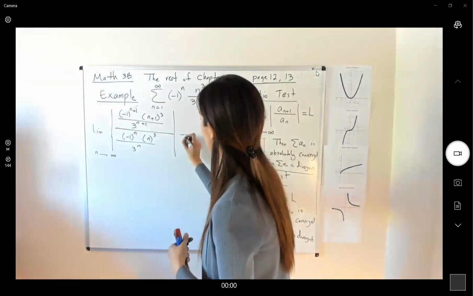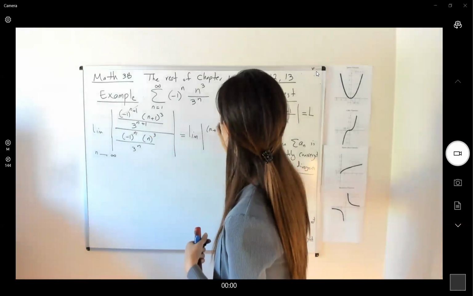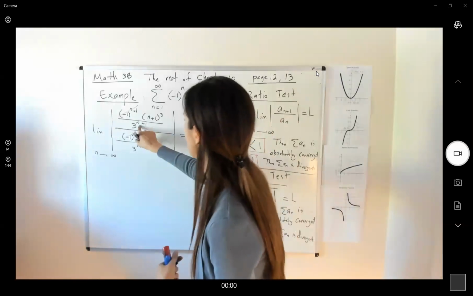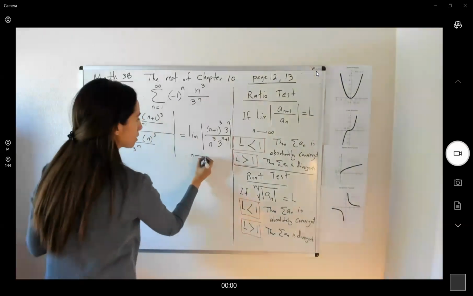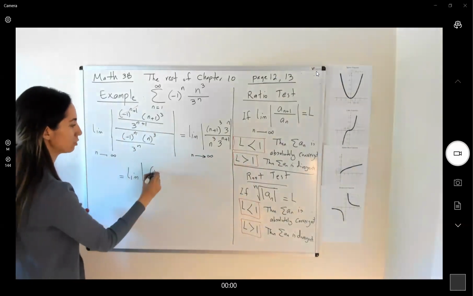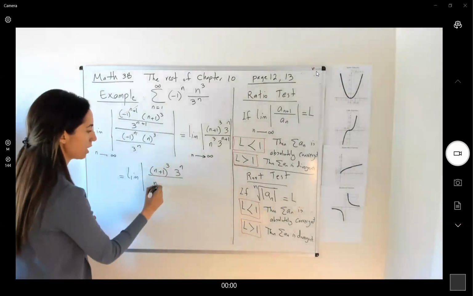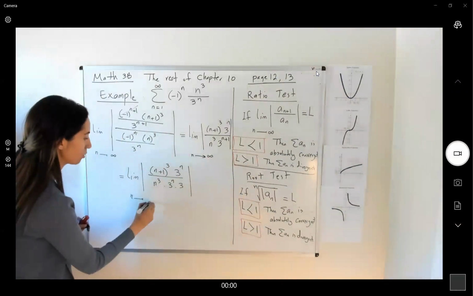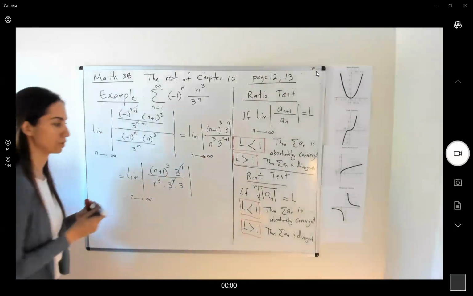This is equal to the limit of the absolute value of n plus 1 to the third times 3 to the n, divided by n cubed times 3 to the n plus 1, as n goes to infinity. Of course, I can cancel out 3 to the n.